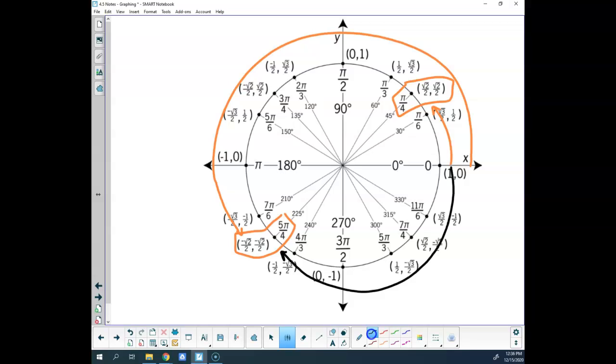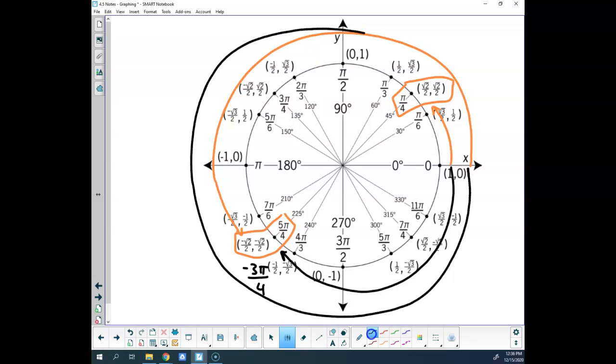That one is negative 3 pi over 4. This one is negative 7 pi over 4.